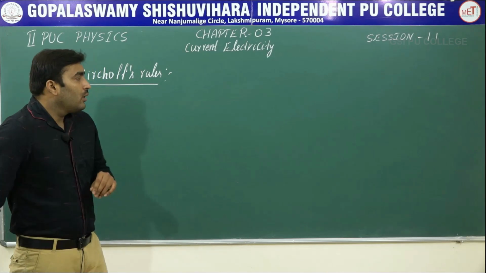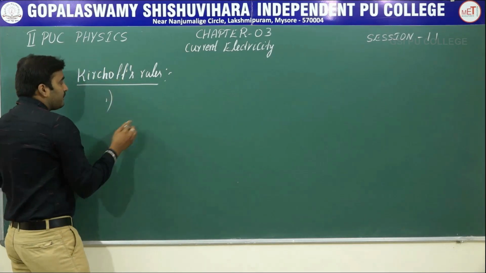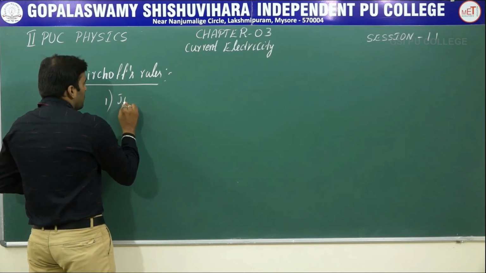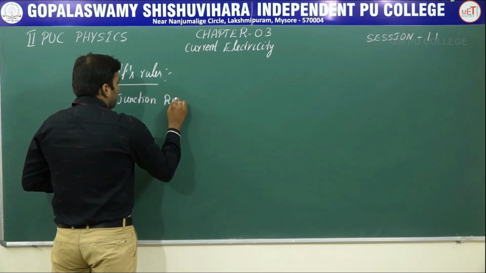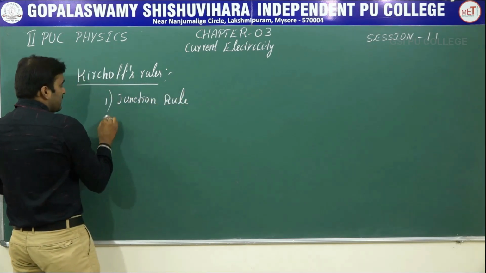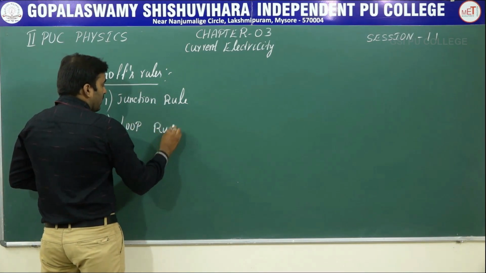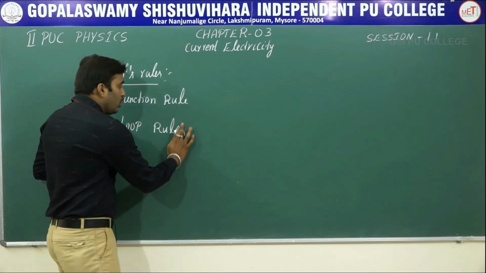Now there are two rules in Kirchhoff's rules. The first one is the junction rule. The second one is the loop rule.